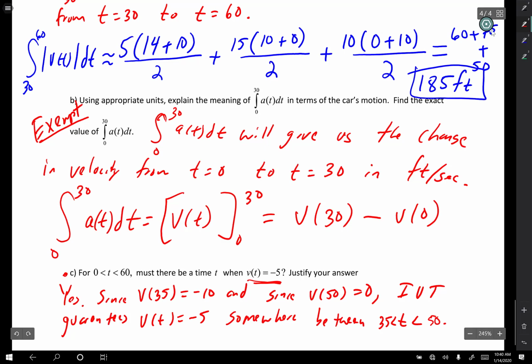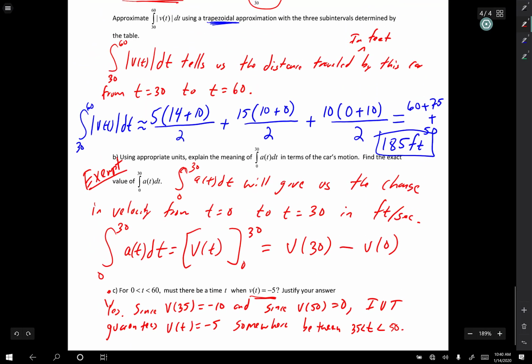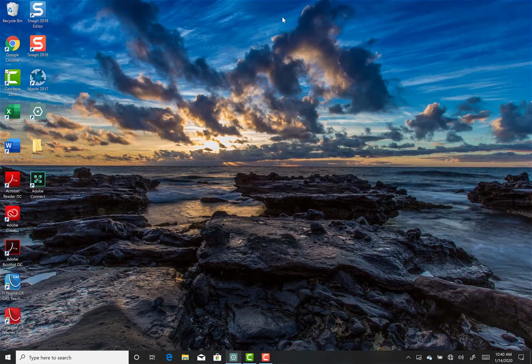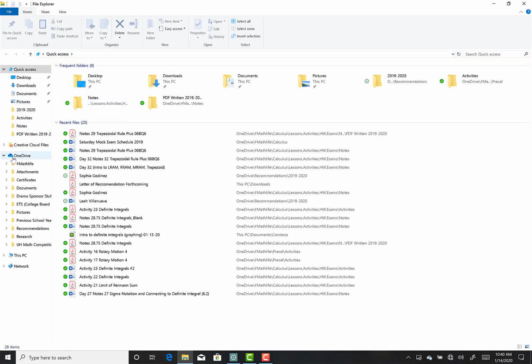Do you guys want to see the rubric for this question? No? All right, let's just look at it real quick, guys. And don't worry, we're already done. I told you what year? 2006?